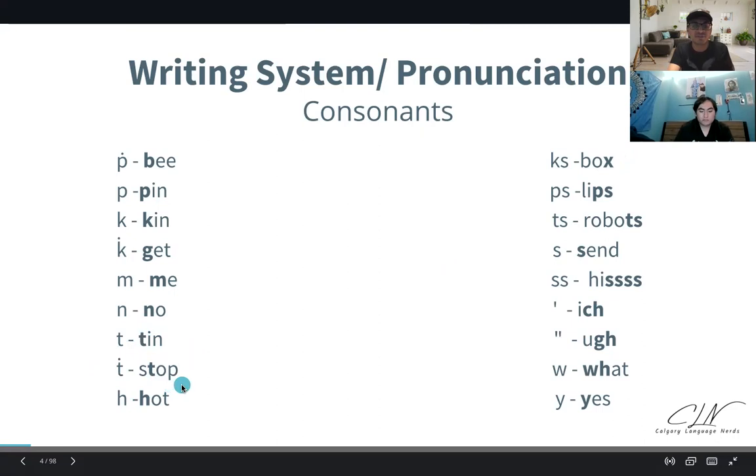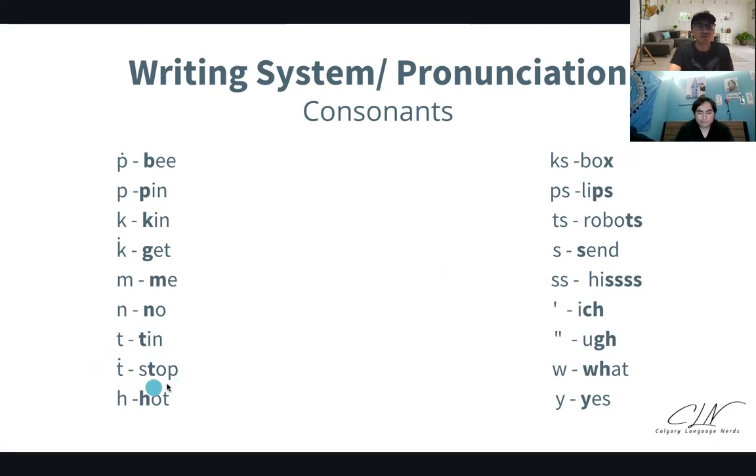So for this T here, and then this T with the dot on top. For English speakers, we have this T with the dot on top, but we don't have it at the start of words, but Blackfoot has it at the start of words. In English, we only ever have it with ST combinations, in any word with an S and a T, like last, stop, still, stood, stomp, stack.